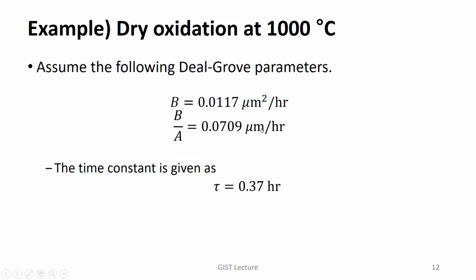This is not my invention, so I took it from other examples. So this is quite a typical number, and now let's assume that the time constant is given by 0.37 hours. Of course, depending on your initial condition, it can be different.